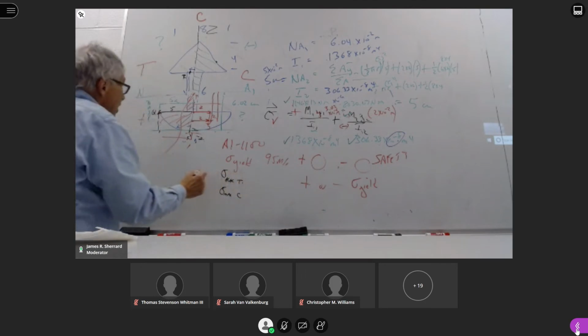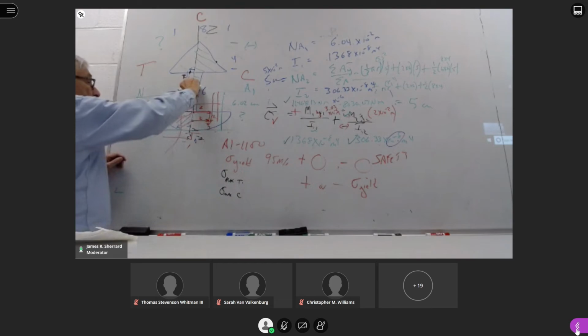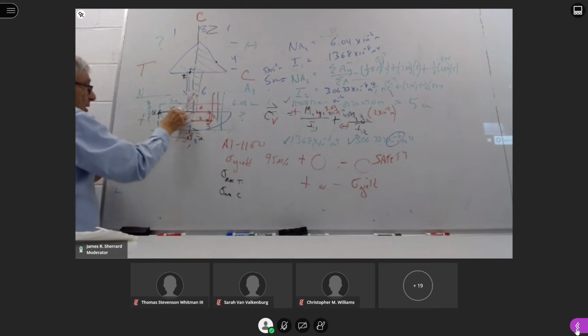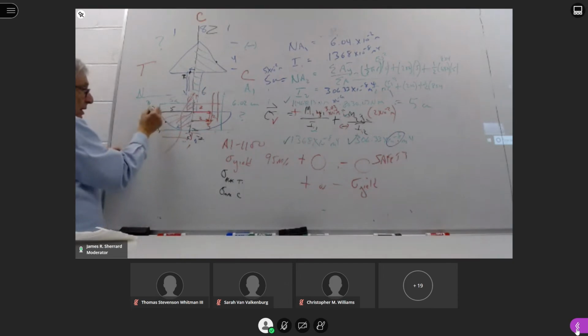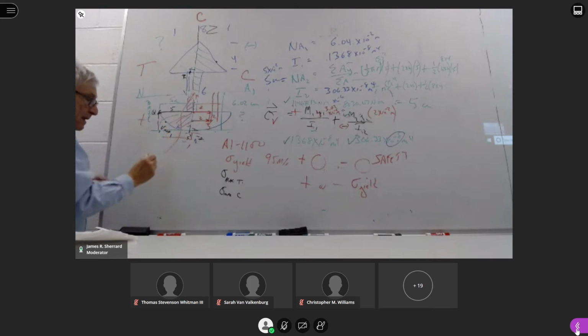Likewise, if I looked at the tensile, you know it has to be below this neutral axis and this way, and it's also going to be somewhere on the circumference of that semicircle. That is difficult to find. That's why I gave you the extra credit.